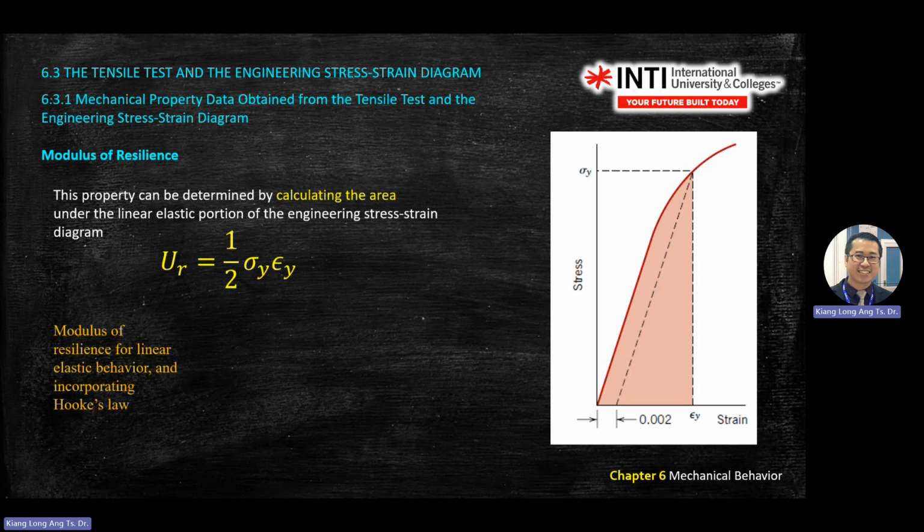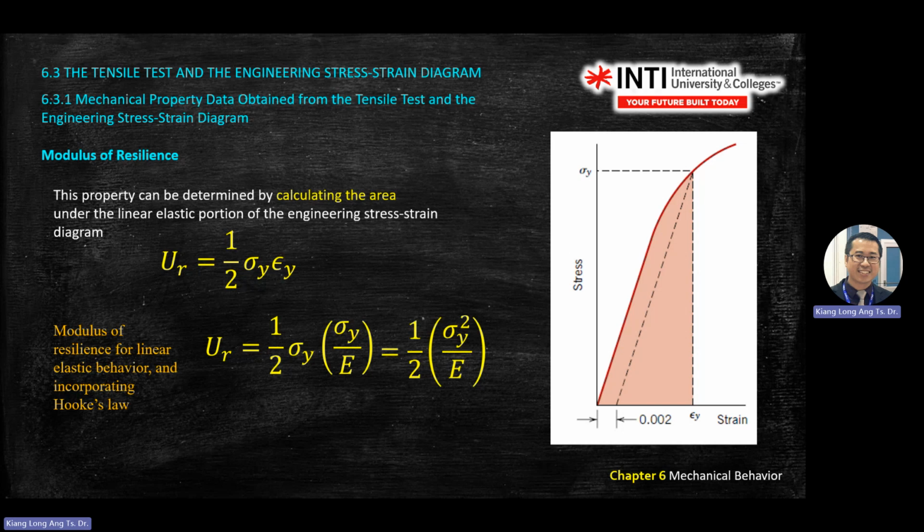Okay, the rest you read, if you understand this one, the rest is just elaboration. This just extends what it means. You can put this equation in terms of stress. You change the strain using Hooke's law, modifying this in terms of sigma. Then you arrive at half sigma square over E, meaning you do not even need a strain value to calculate resilience.